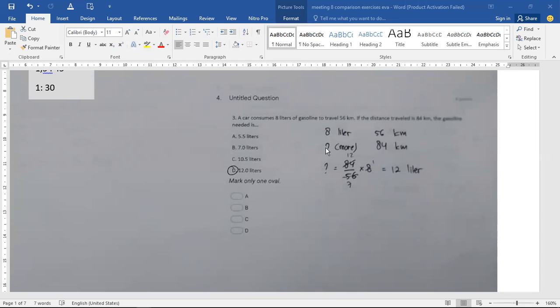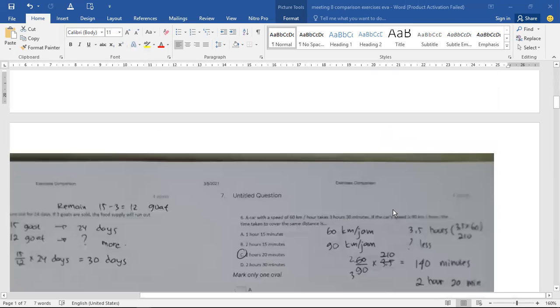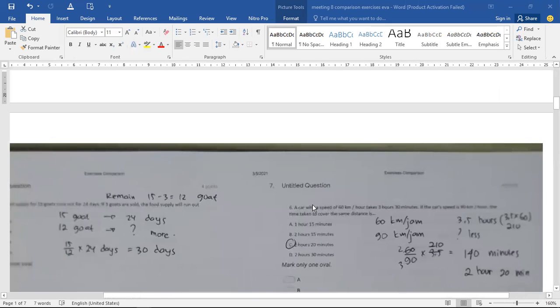So I think we need more than 8 liter. Just compare the kilometer here and put the bigger number on the top because we need more number, right? So 84 per 56 times 8, so it is equal to 12 liter. Okay, hopefully you're clear with this one.